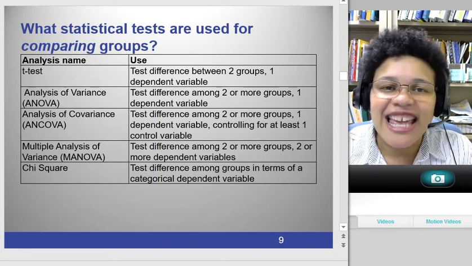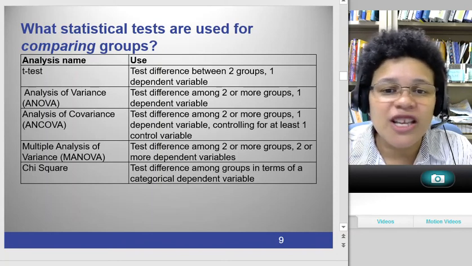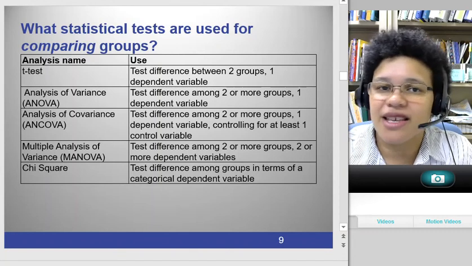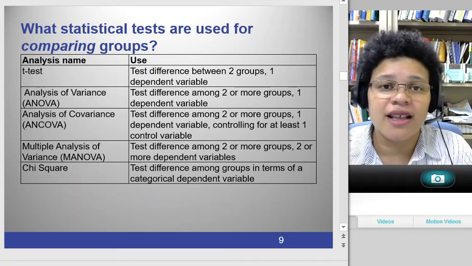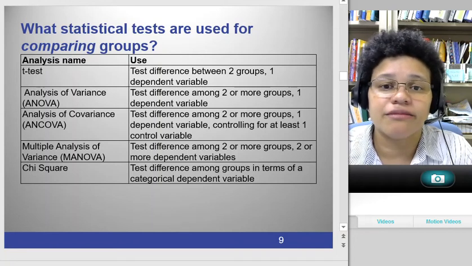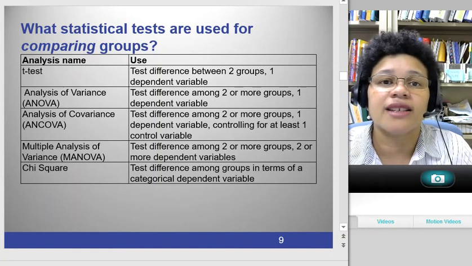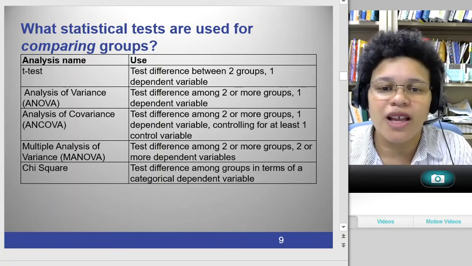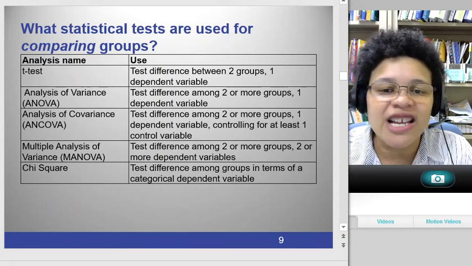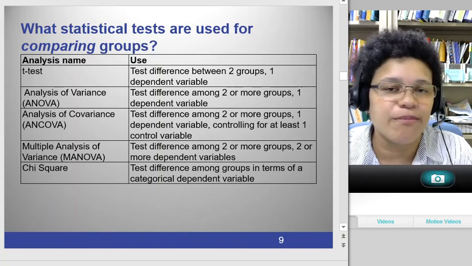The main thing again is to get the gist. I don't want you to get thrown by seeing these labels. You can just know, oh, that's an analytic technique, that's a statistical test. There's the t-test. There's ANOVA, which stands for analysis of variance, and ANOVA has several cousins like ANCOVA and MANOVA.